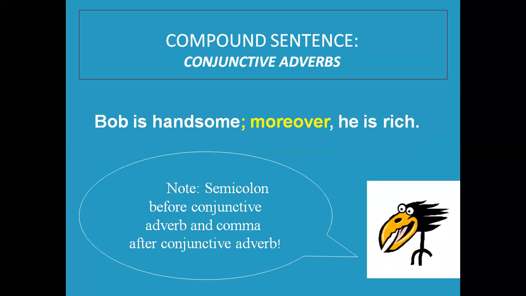Here is one more thing. Just take note of this. Before writing the word moreover, we should put a semicolon, and after writing moreover, we should also put a comma. You see, it is given in this example.